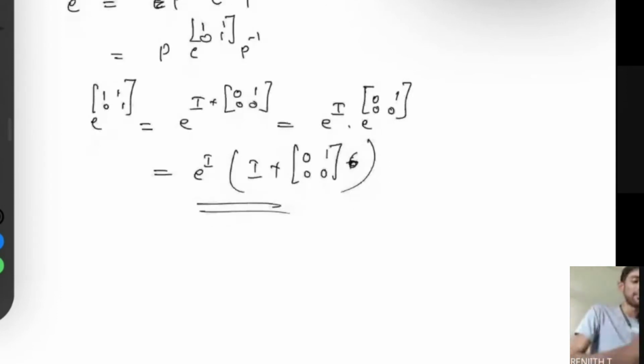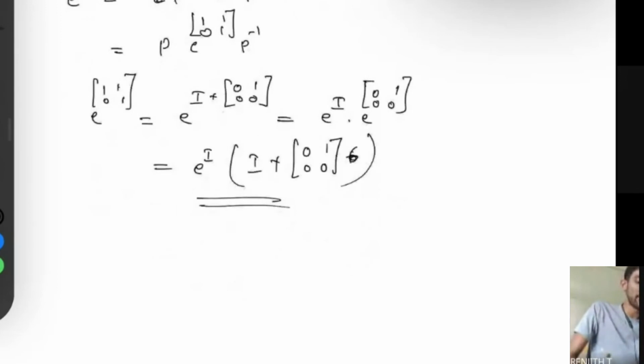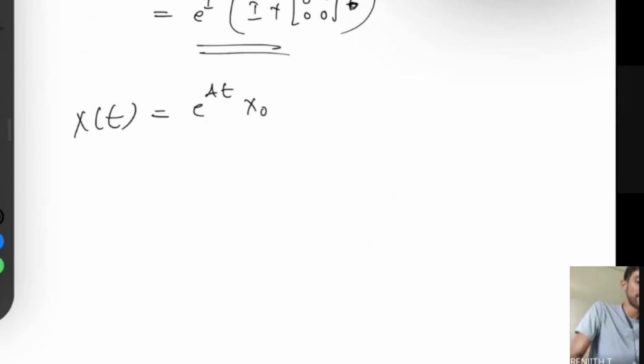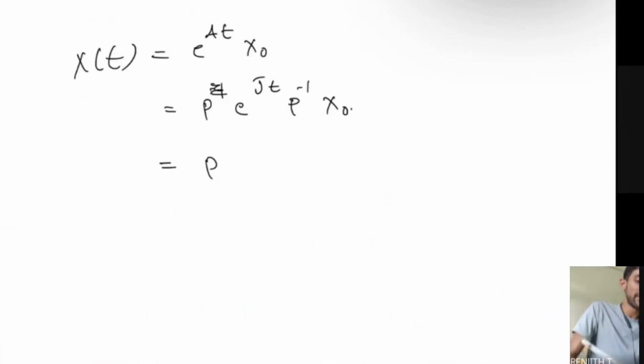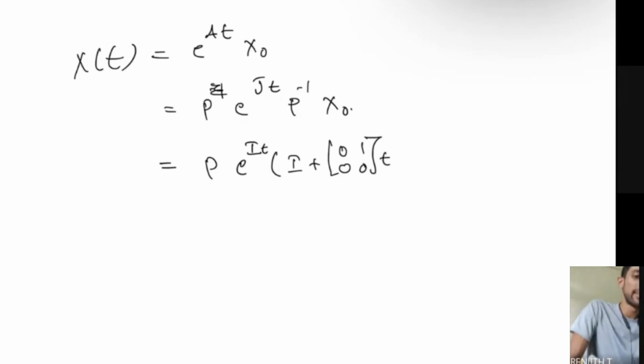Okay. Now what will be our x of t? x of t is e power at times x naught. It is p inverse e power jt times p inverse times x naught. It is p, what is e power jt? It will be e power it into I plus 0, 1, 0, 0 times t, plus square will become 0.